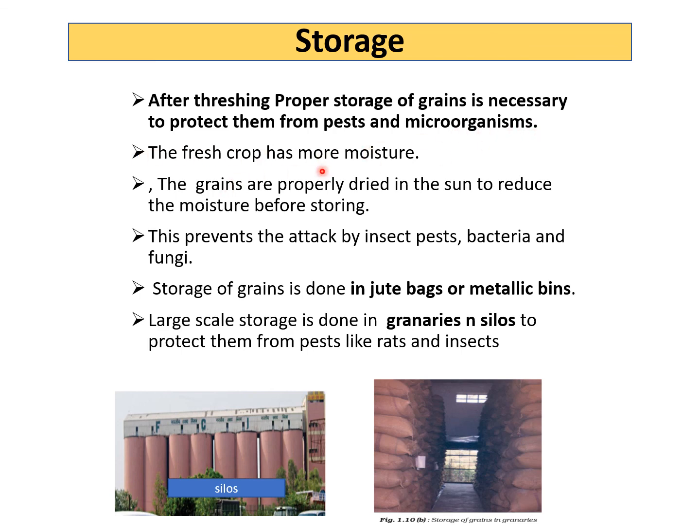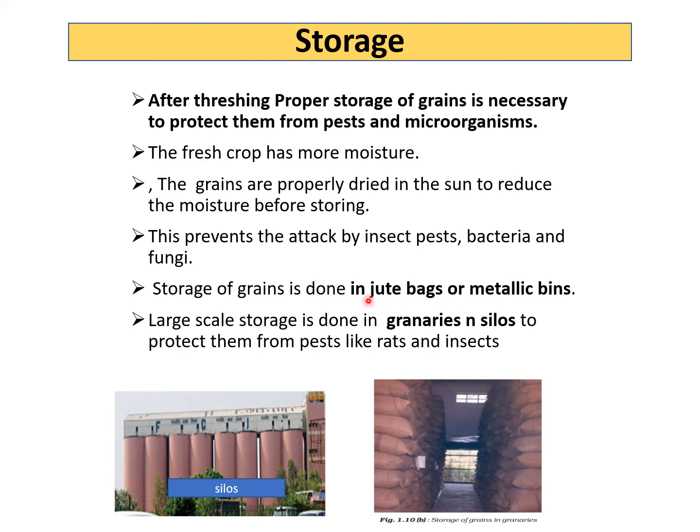The fresh crop has more moisture, remember, so the grains are properly dried in the sun to reduce the moisture before storing. Moisture attracts most of the pests and bacteria. After drying, they store the grains in large jute bags or metallic bags.